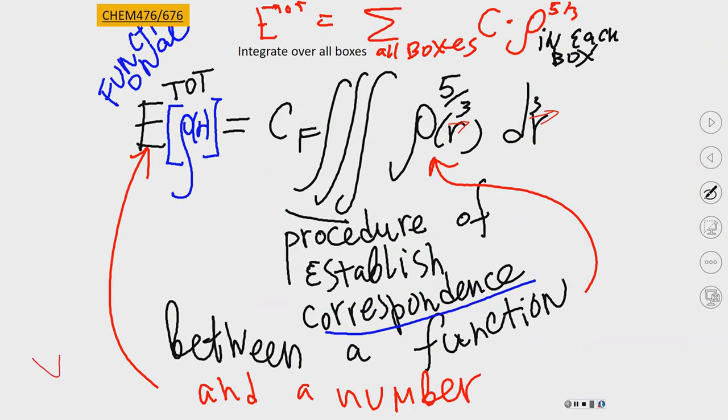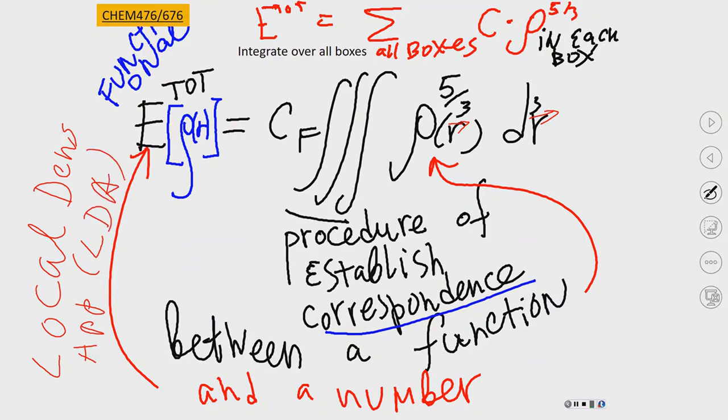Local density approximations, LDA. So what we did, in some sense, is local density approximation, and with some little additions, it is already used in Gaussian. So LDA is the simplest possible form of density functional theory.